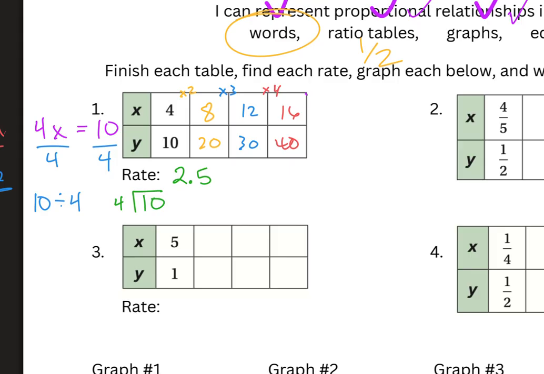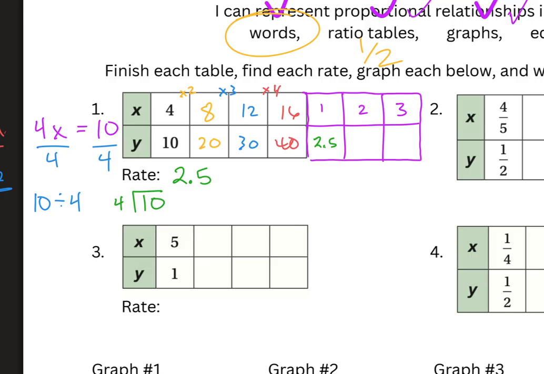Here's where I think the rate is actually helpful. I'm going to extend this table just for fun, and I'm going to do 1, 2, and 3. So 1 is actually really nice because it's 2.5.